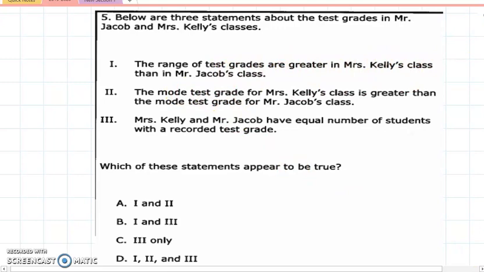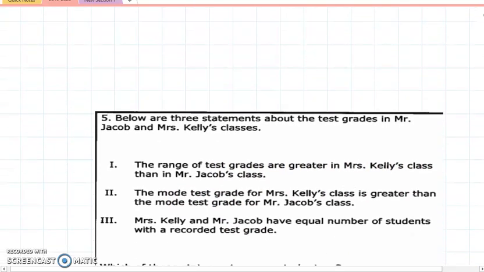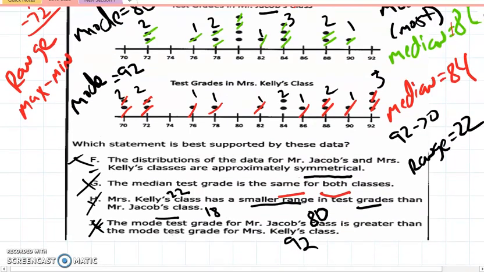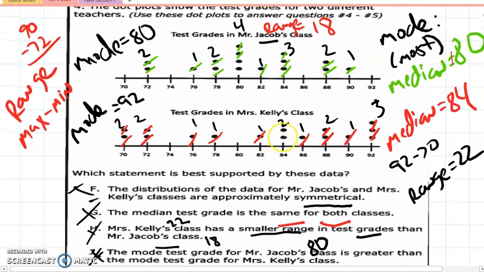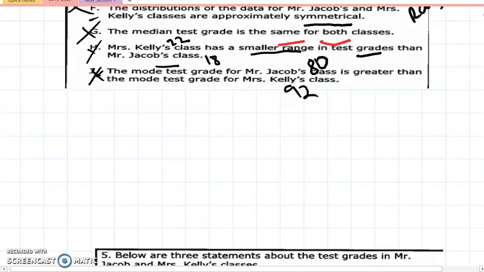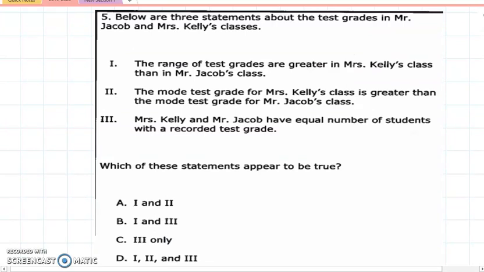Mrs. Kelly's range was 22 and Jacob's was 18. Well, that's true. 22 is bigger than 18.